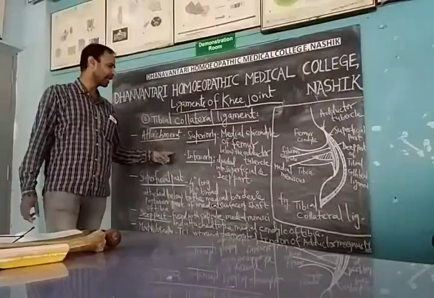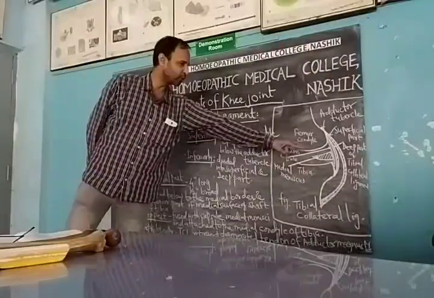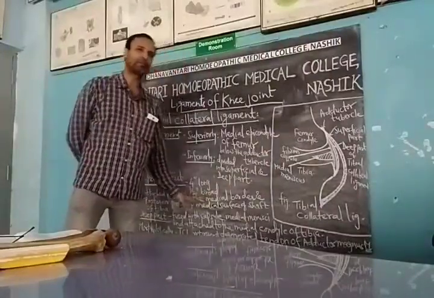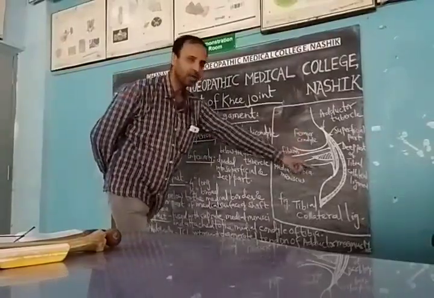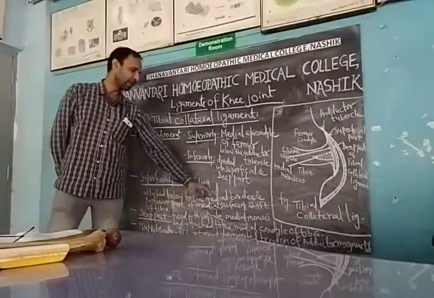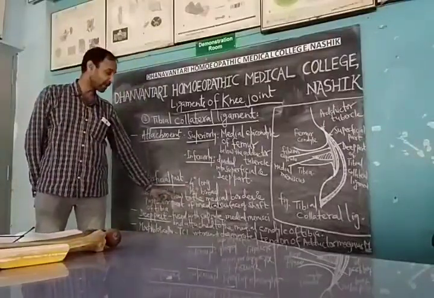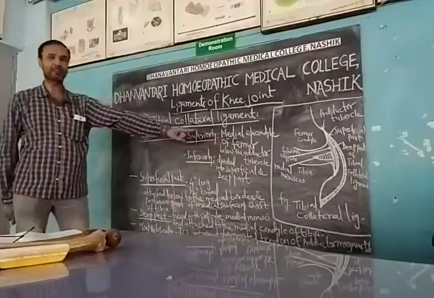Second, inferiorly, it is divided into the superficial and the deep part. The superficial part is 4 inches long and ½ inch broad, and it is attached below to the medial border and the posterior part of the medial surface of the shaft.